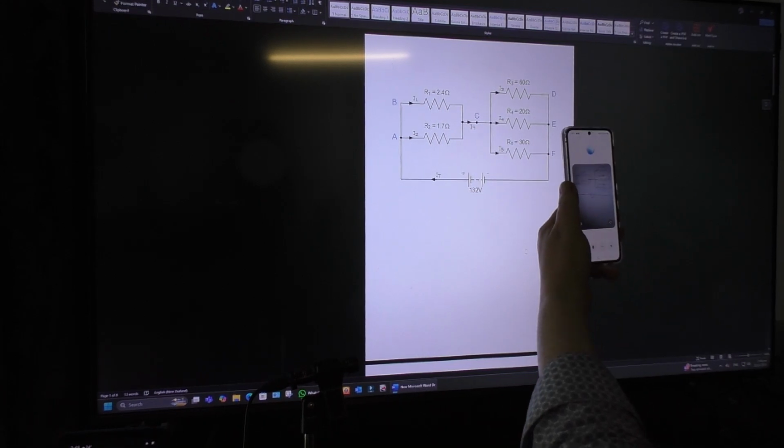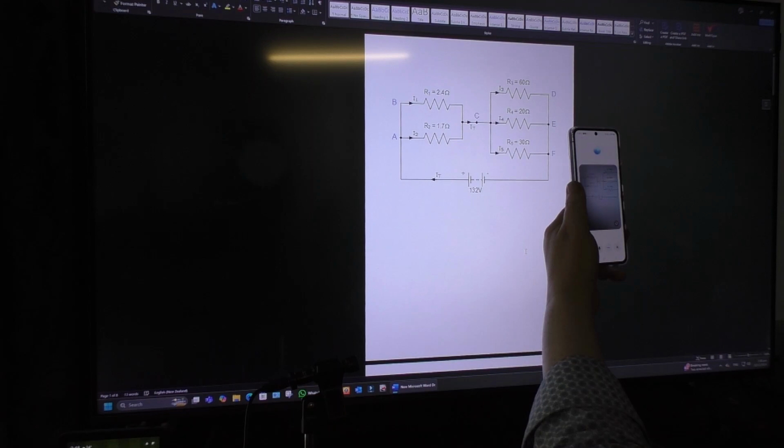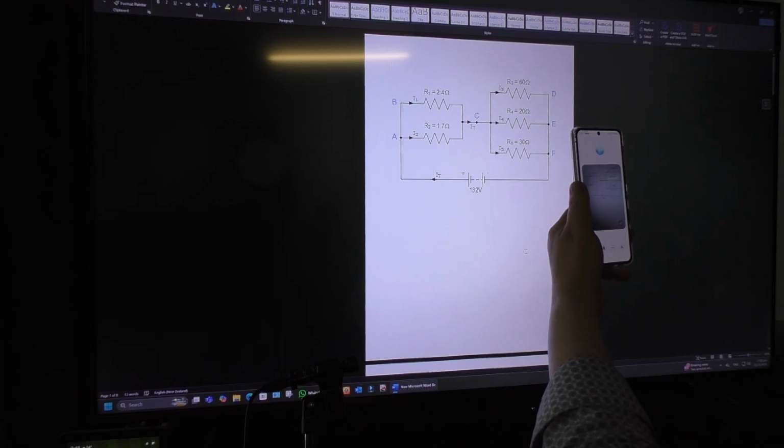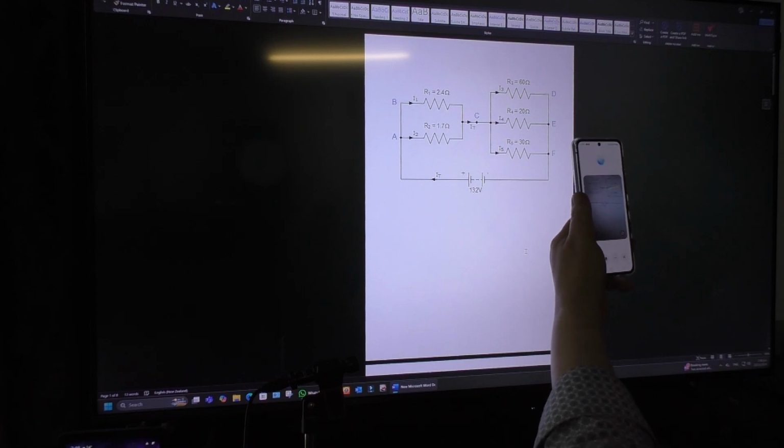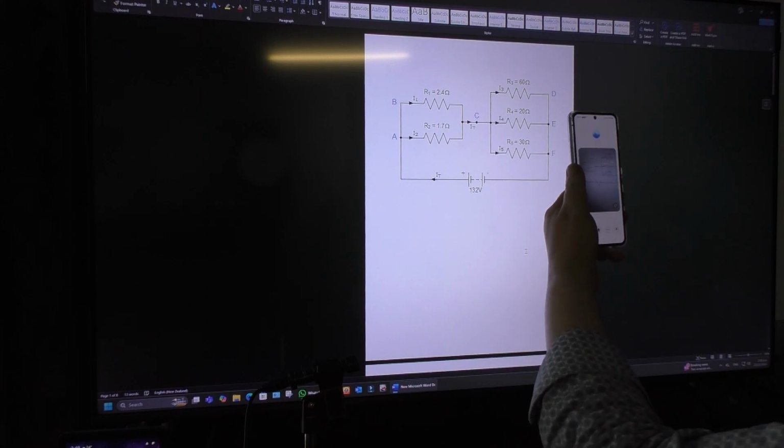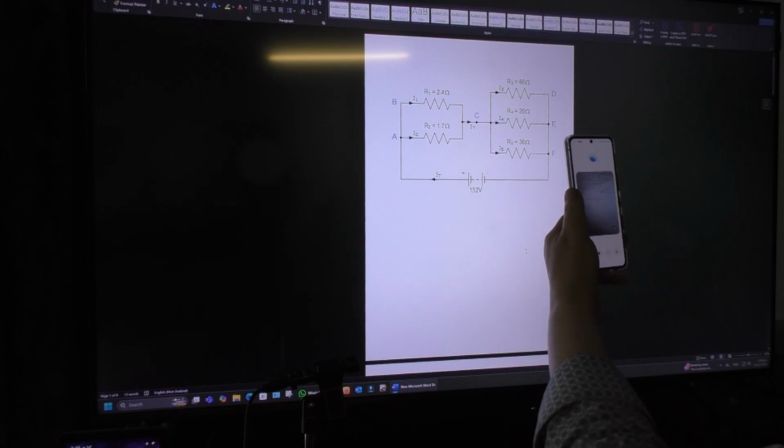Are you sure about that? Let's double check that. The formula for parallel resistance is 1 over R1 plus 1 over R2, for R1 is 24 ohms and R2 is 1.7 ohms. Wait, that's 2.4 ohms, not 24 ohms. It looks like it's 2.4 ohms and 1.7 ohms.